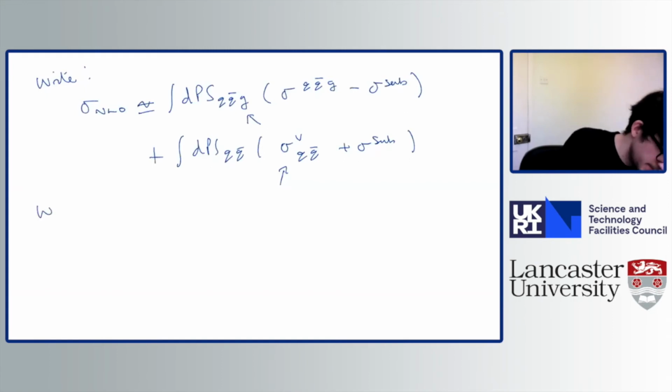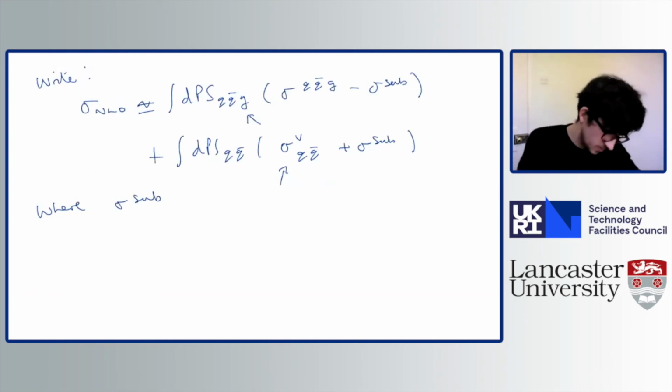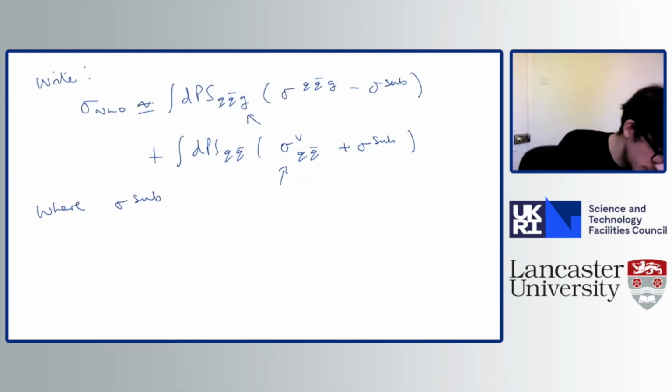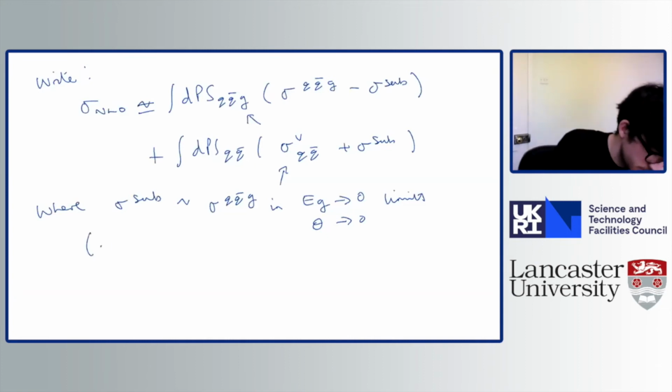And this thing here is something that we can deal with numerically when we want to, but also analytically when we want to. So numerically in the top line, analytically in the bottom line. In particular, it goes like the quark anti-quark gluon cross section in precisely those limits. And so numerically, one has something that goes like 1 over theta squared, as we saw before, in the correct limits.